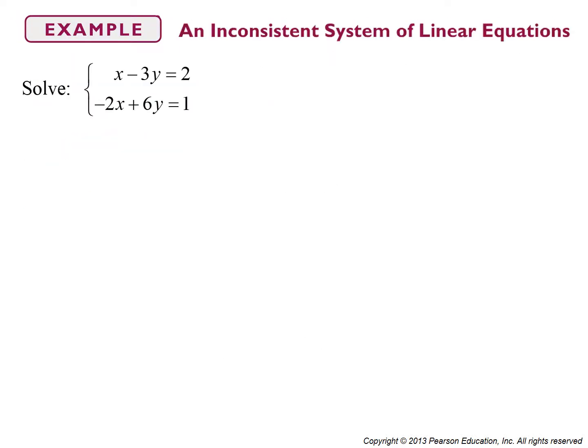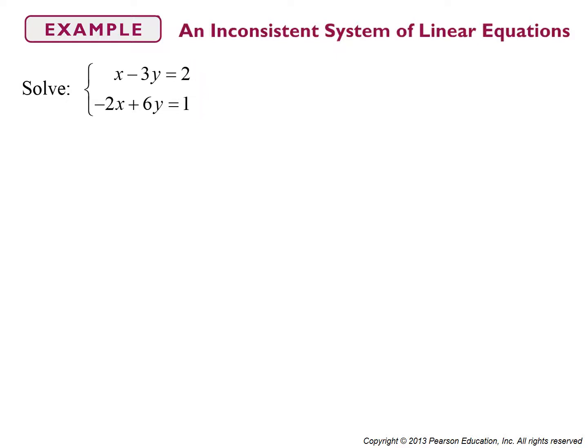There are some special cases of systems of equations that might pop up. The first is called an inconsistent system. You can't tell that from the way it starts off because it looks exactly like what we had before. So again, if I wanted to solve this, I'm going to pick one of these two equations and rearrange it for a variable.